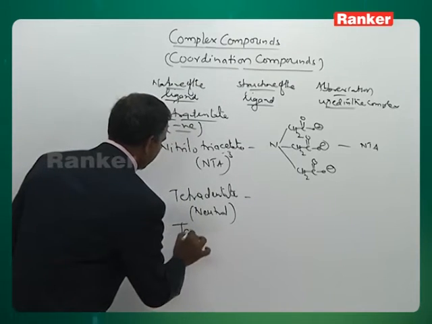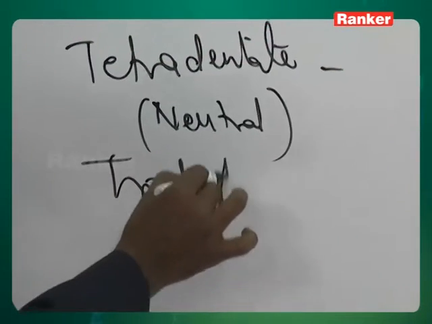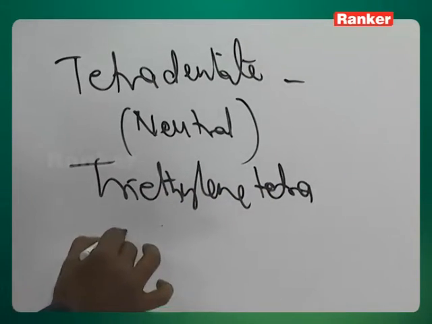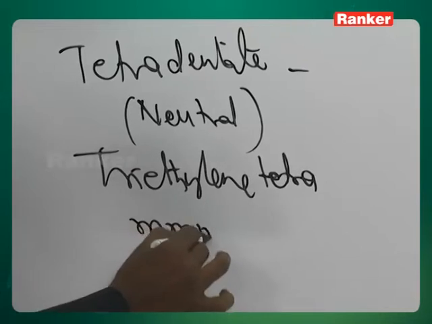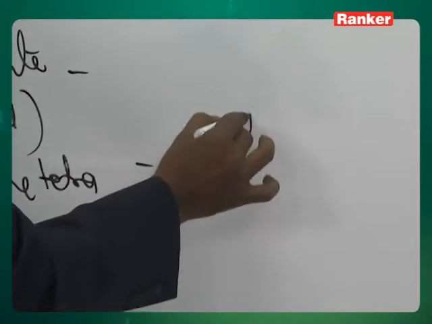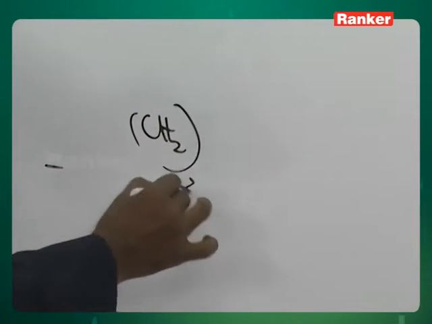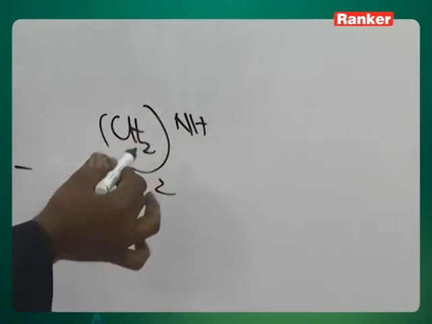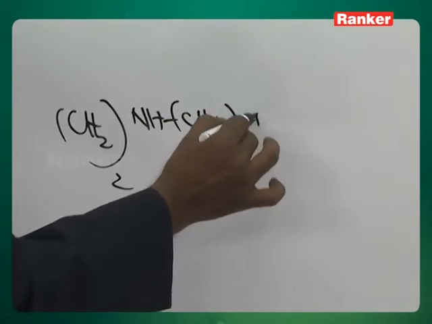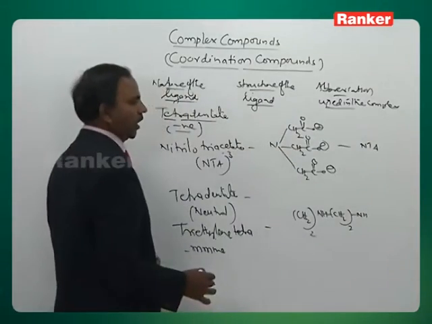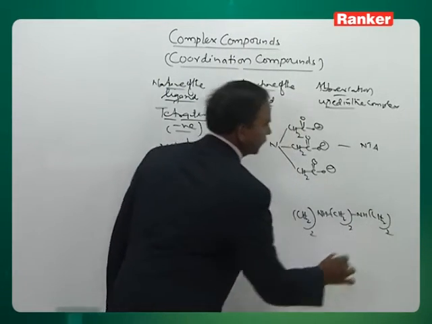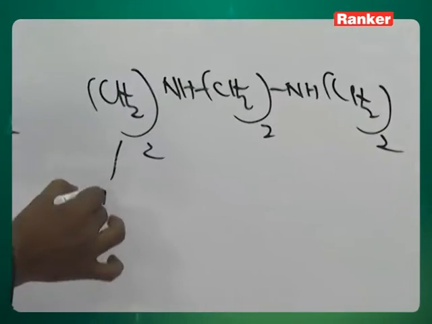Triethylene tetramine: CH2 taken twice, first ethylene NH, second ethylene CH2 taken twice NH. I said triethylene, so one more ethylene group, CH2 taken twice.